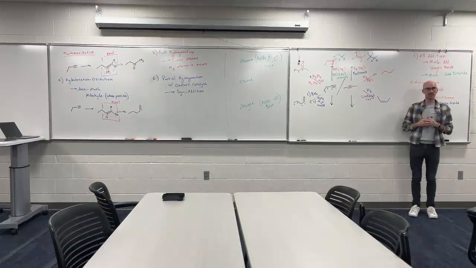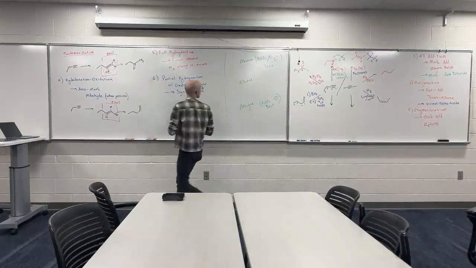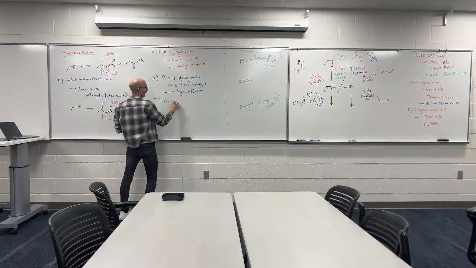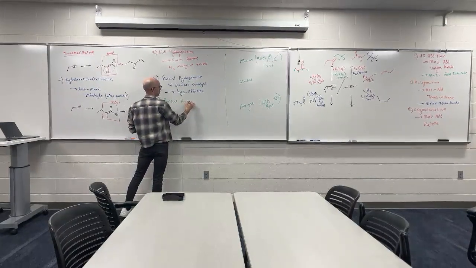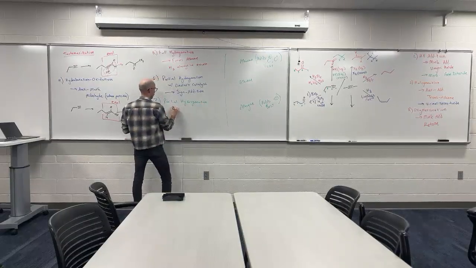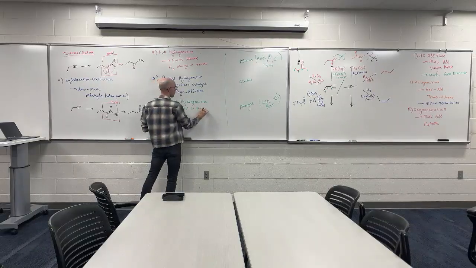What if I don't want a cis alkene? What if I would like a trans alkene? Fine. Partial hydrogenation with metal in ammonia.